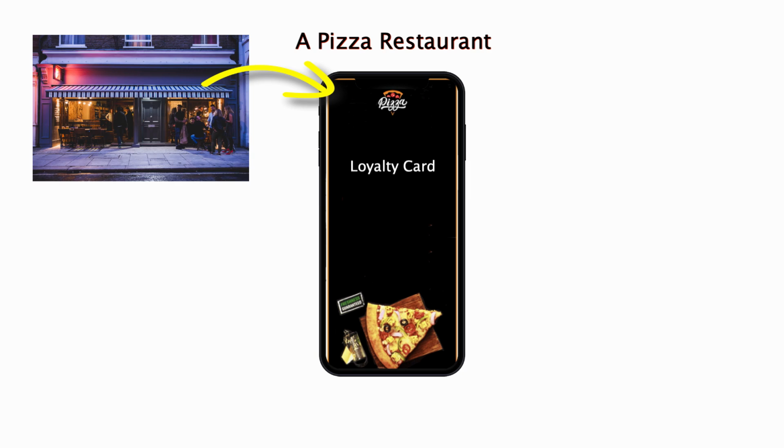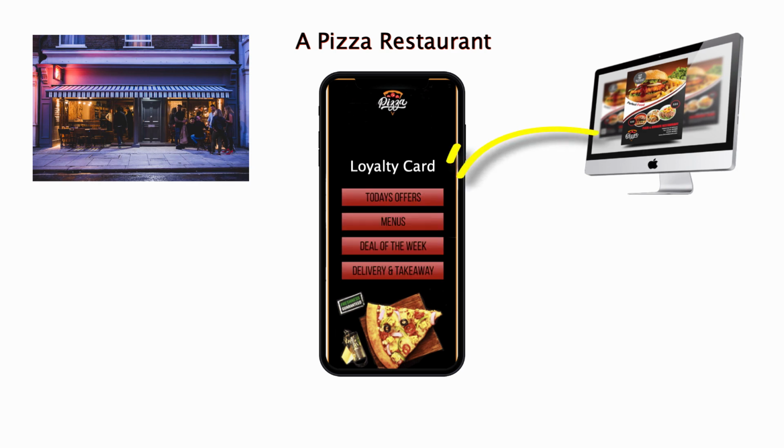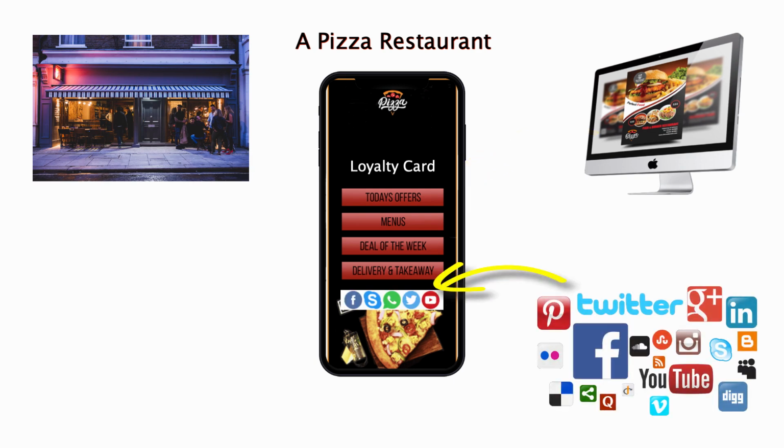So your digital loyalty card is created using your brand identity so that it mirrors your establishment. We then take your digital footprint and all the information that you have online and create buttons on your card. And these are buttons that will take you through to certain pages like special offers, promotions, deals, etc. The next stage is to add your social media and any videos or advertising links that you might have.